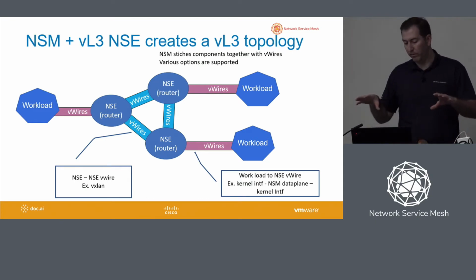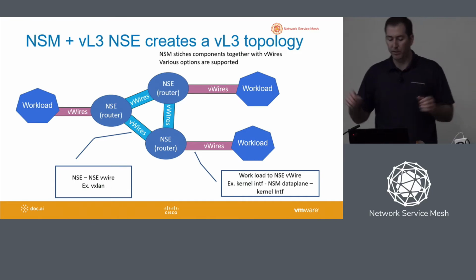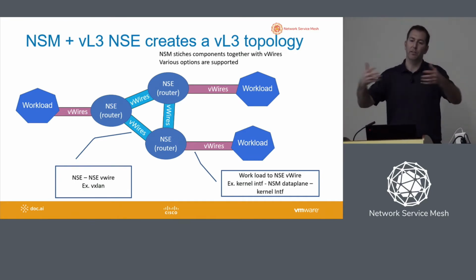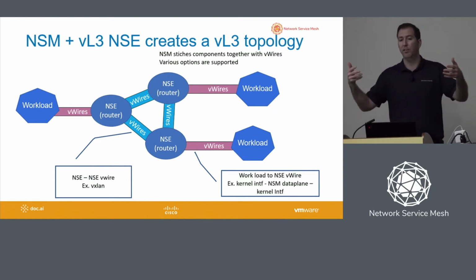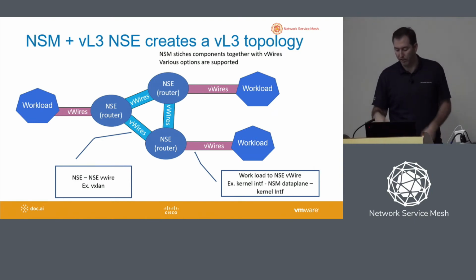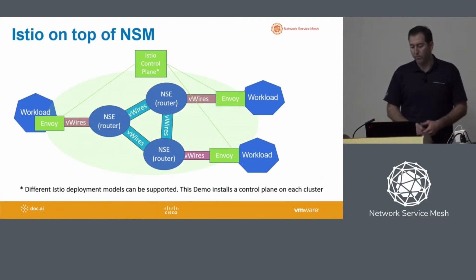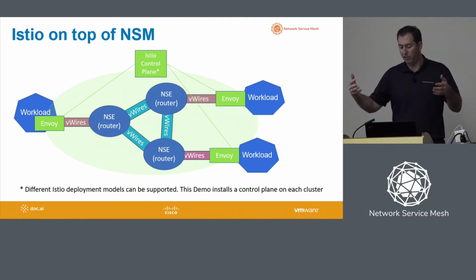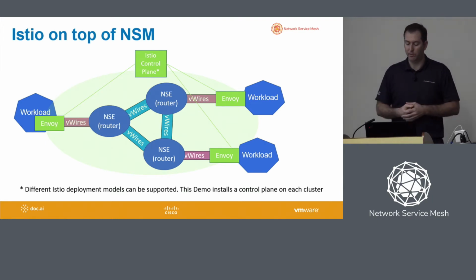So the NSM plus the virtual L3 is providing the virtual networking, the network connectivity between the workloads in this scenario. So what the final topology would really look like is something like this, where we have the workloads that are joined to the virtual L3 as clients, so the virtual L3 network service.